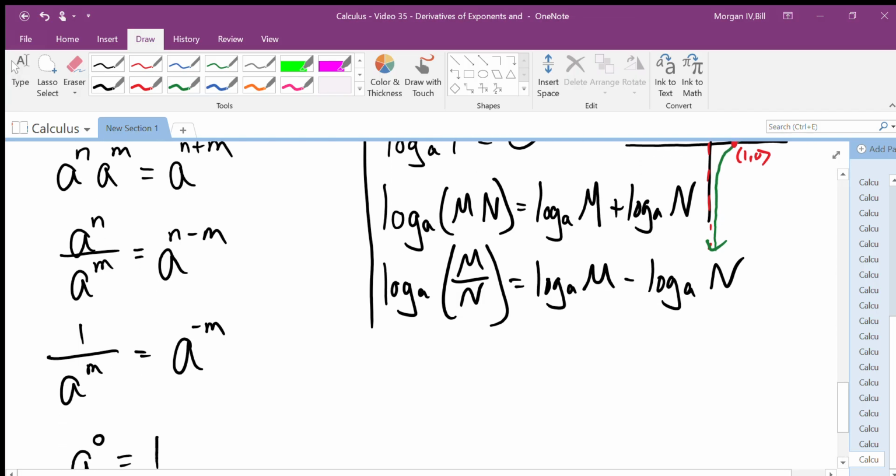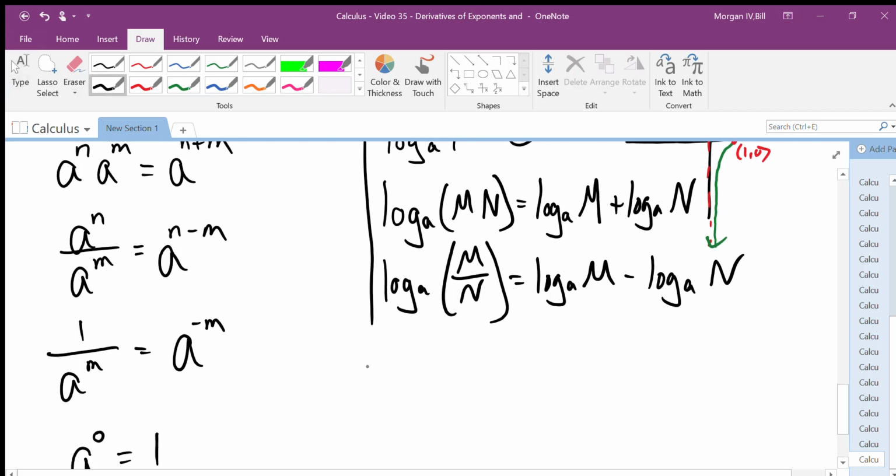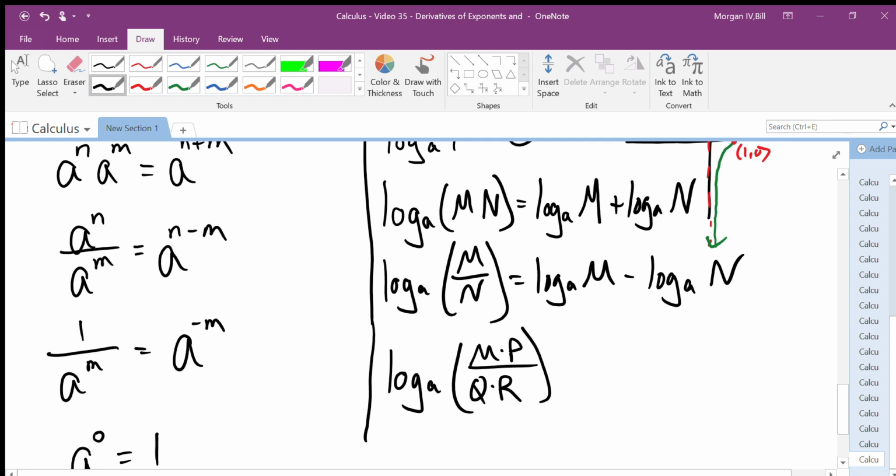And just to expand this a little bit, this property is true for more than just 2 functions. For example, if we have log base a of m times p divided by q times r, so 4 different functions, we can separate this into 4 different logarithms where the numerator functions are positive logarithms, so the m and p are positive logarithms, and the q and r get negative logarithms.